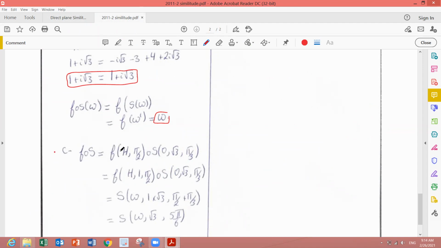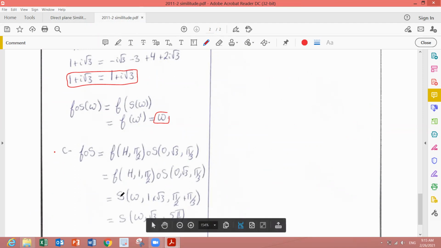So part C, F round S. F is a rotation of center H and angle pi over 2, round S of center O, ratio radical 3, and angle pi over 3. I can write the rotation in the form of a similitude: H, ratio 1, angle pi over 2, round S: O, radical 3, pi over 3.